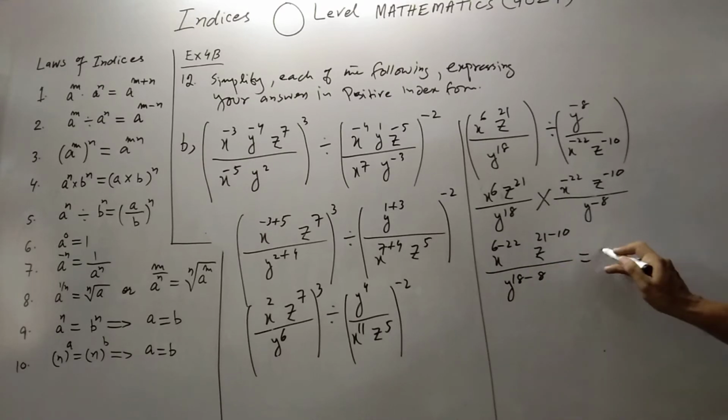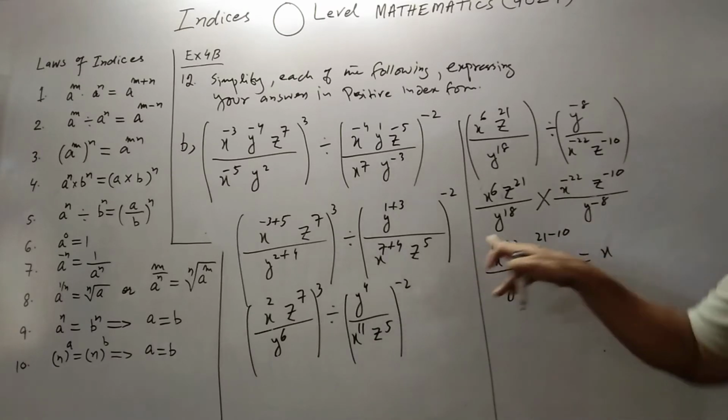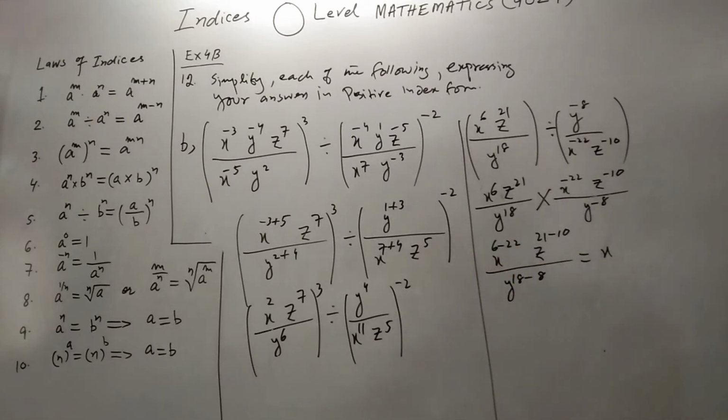So x is 6 minus 22, minus 16. 21 minus 10 is 11 upon 18 minus 8 is 10.